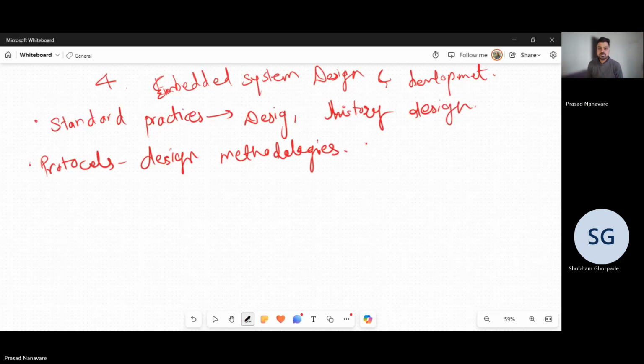Then we're going to see testing and embedded testing, because our stuff is going to be there in this unit.